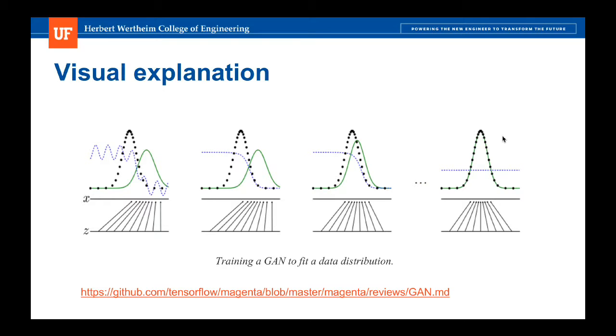Thus, the discriminator cannot distinguish the generated data. Now, as you see here, the discriminator curve becomes flattened. And this flattened curve is actually the final goal of the GAN model.